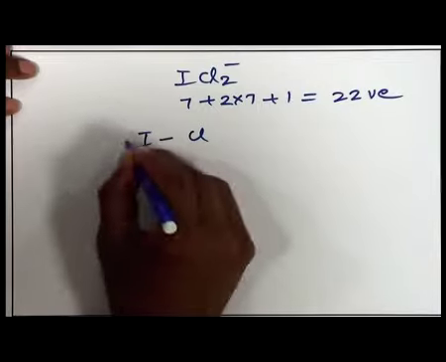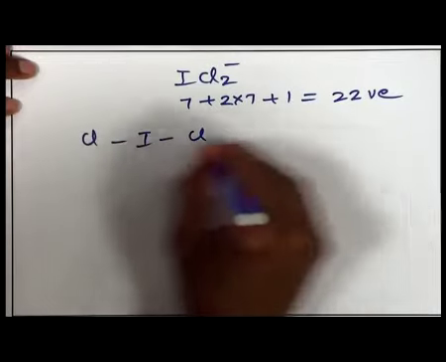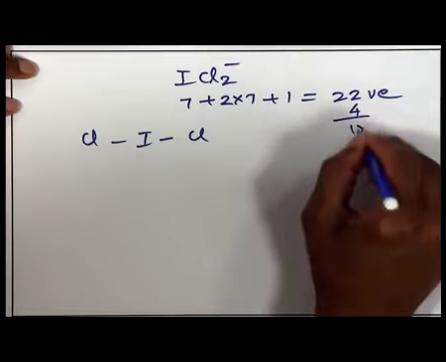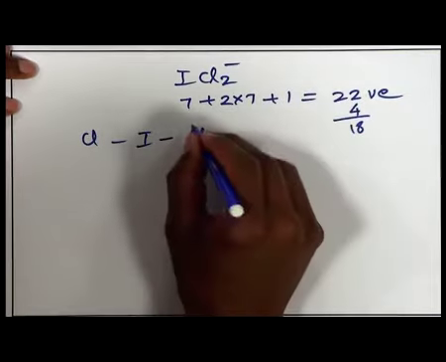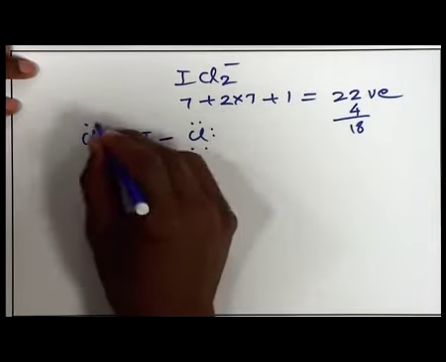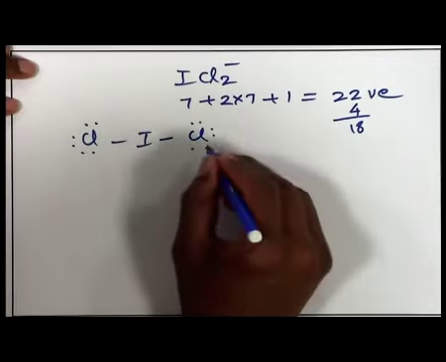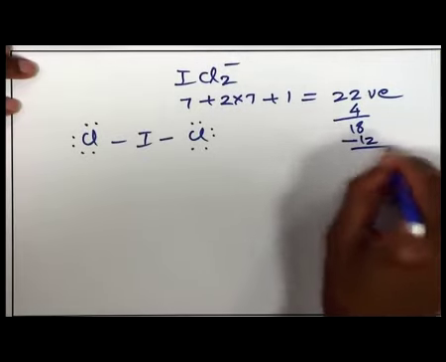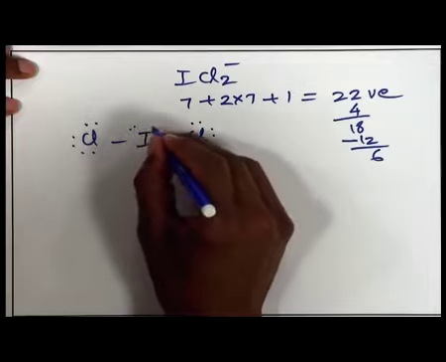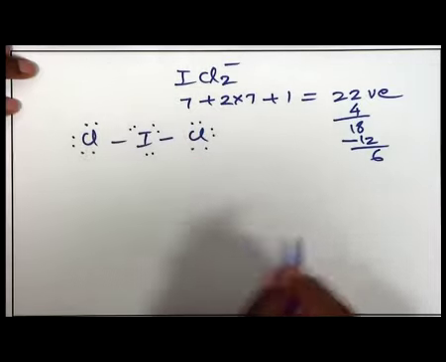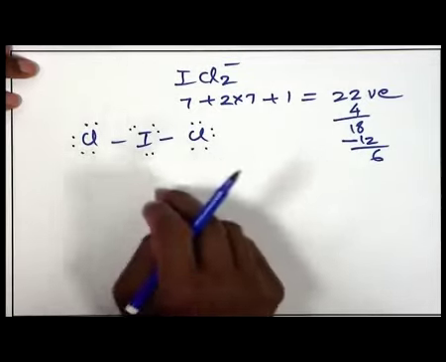Two chlorines here, 4 electrons consumed, the remaining is 18 electrons. Then you can give 18 electrons as pairs like that, minus 12 are gone, remaining 6, then you have to give here and here. Now the total number of valence electrons matches.